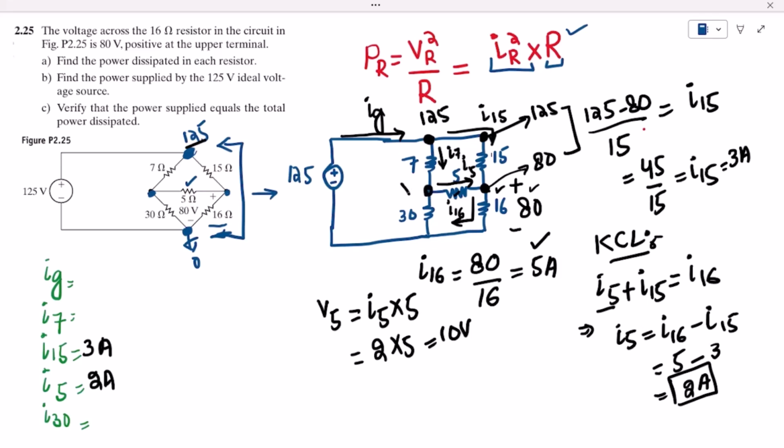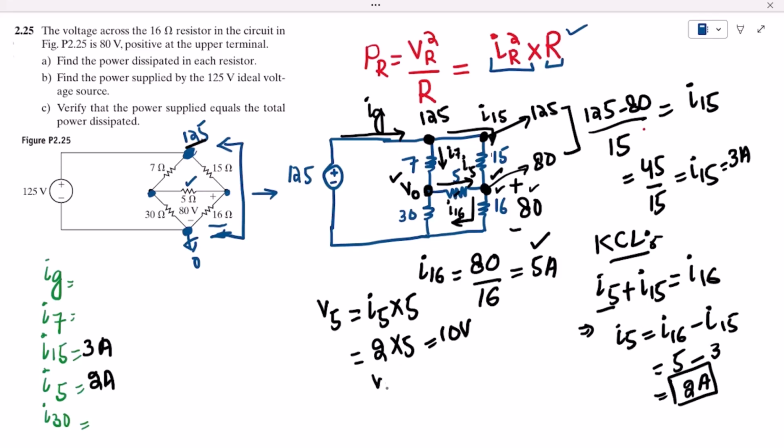Let me call the voltage at this point V0. So the potential difference across this resistance is what? That is V0 minus the voltage here, which is 80. Now if this one is the applied voltage, this is the voltage which has remained after the voltage which is consumed from it. So this is the consumed voltage.